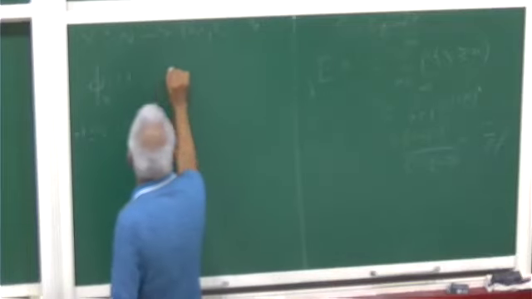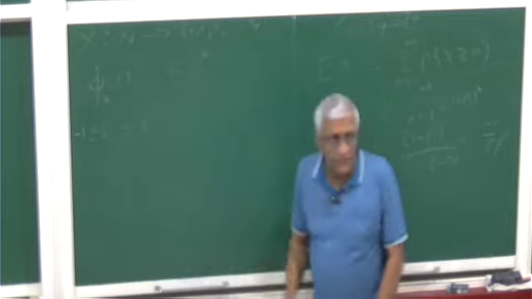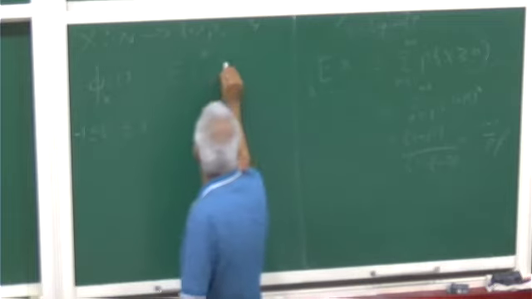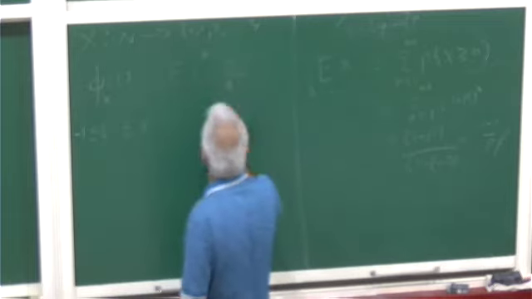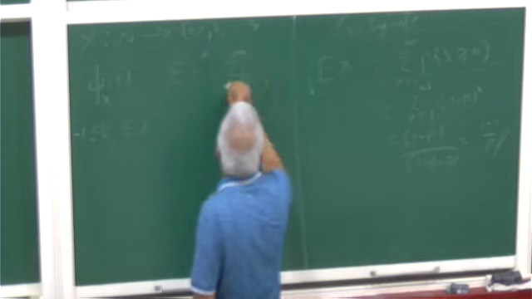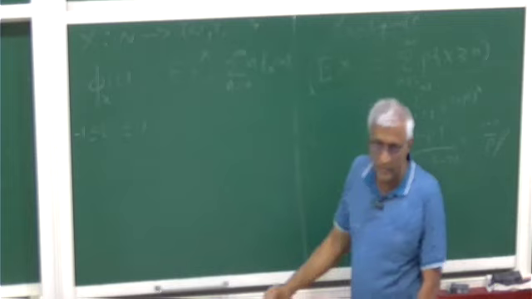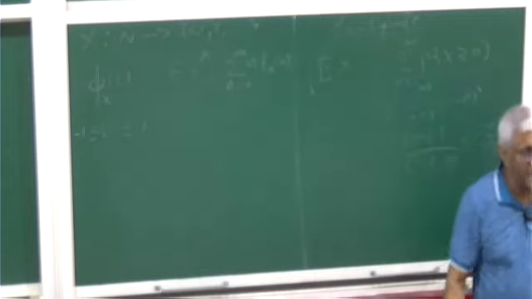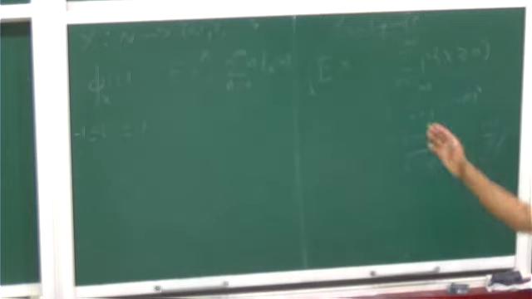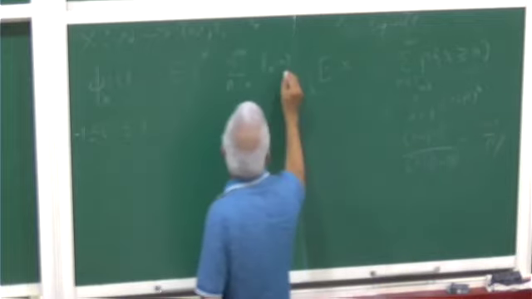This is given by E of t power X, which is actually equal to the summation from n equal to 0 to infinity of f_X(n) t power n, where f_X is the density.